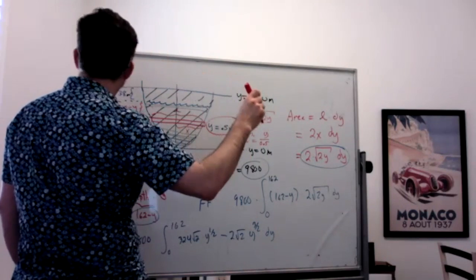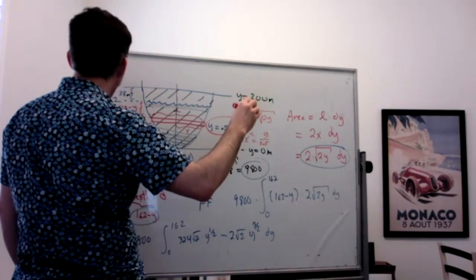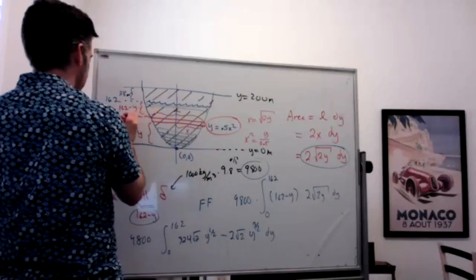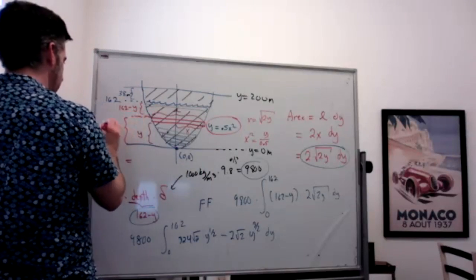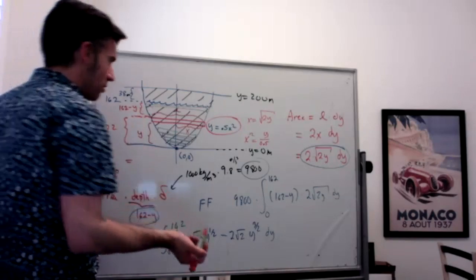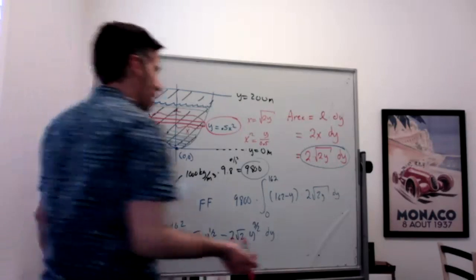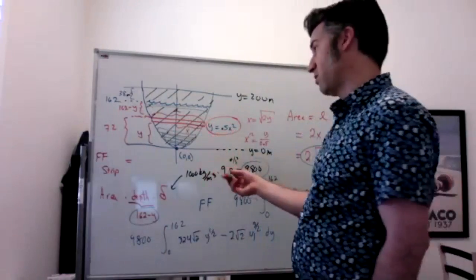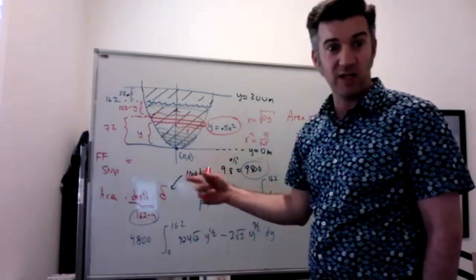If, for example, we were at a height of 72, let's say we were 72 meters high, well, I want to know how far out I am. I'm x out, but I can also find x in terms of y.